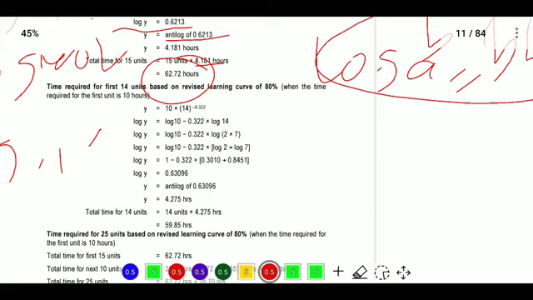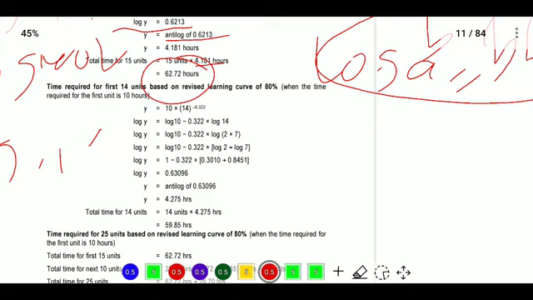Now we will require it for 14 units, and for 14 units we will calculate. For 14 units, how do we get it? Same as what we calculated above, we will take y is equal to a into x to the power of b.